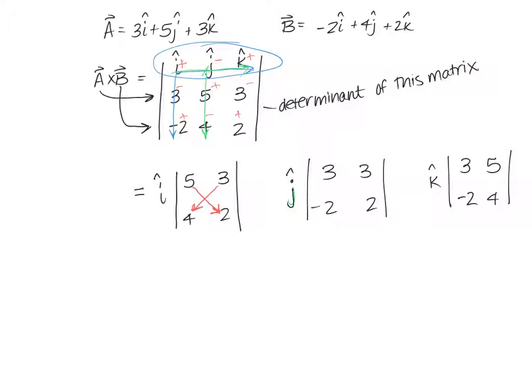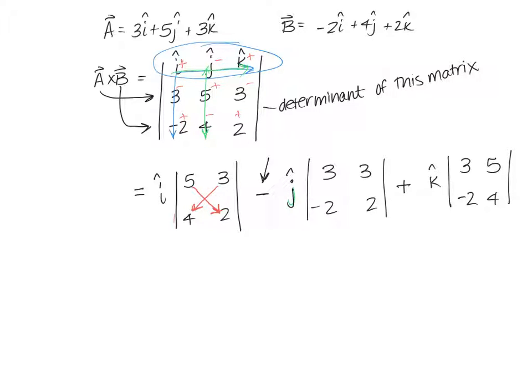And so when we're expanding around the top row, these signs also come along. So we have positive times i hat and then the 2 by 2 matrix. But for the j there's actually a negative sign. And k also has a positive sign, so it's just a little trick that we have to remember, this negative sign for the j component.